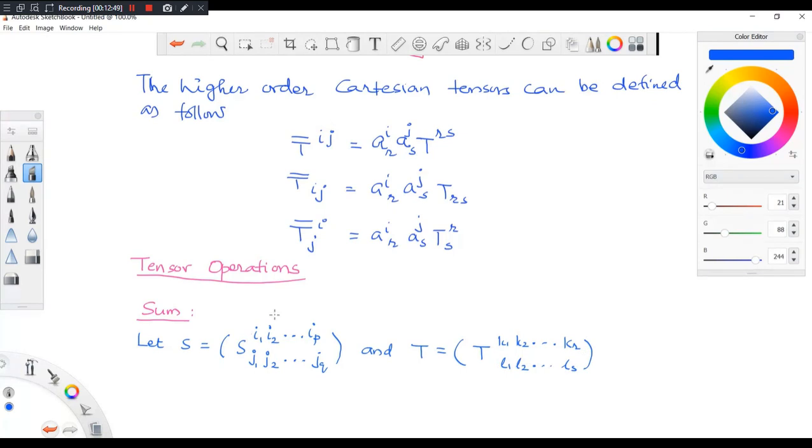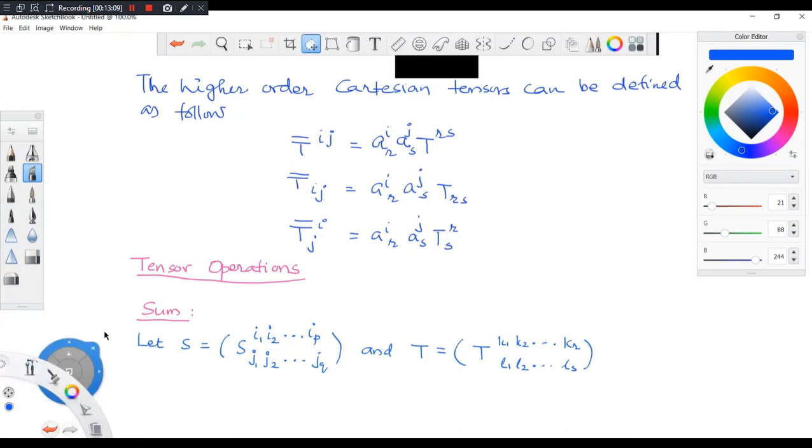And if you have only one index, then you know what's the transformation. Two indices, you know how to. Similarly, you extend this to any number of indices. Okay, so that also, I have given you a general definition for the tensors that you can apply here.